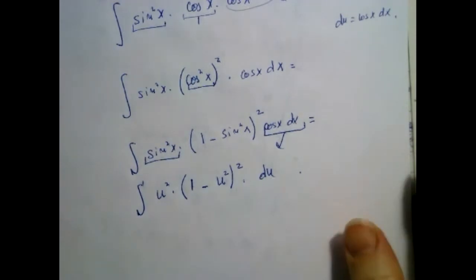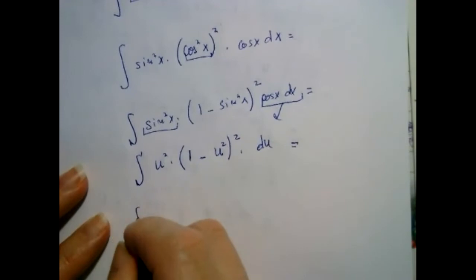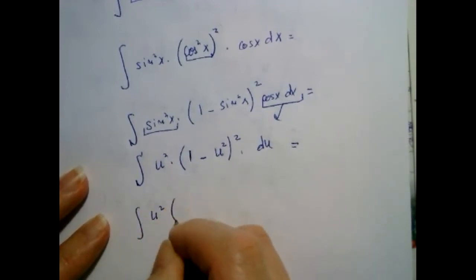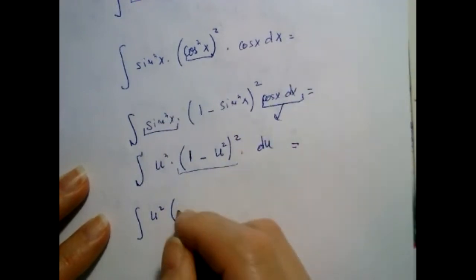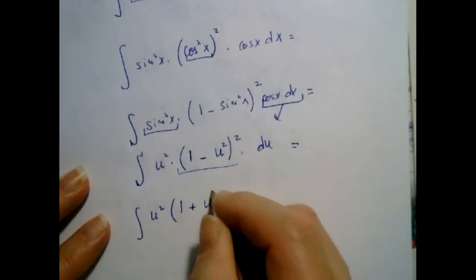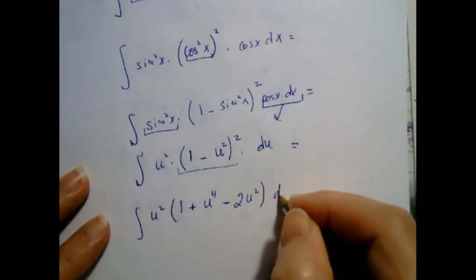Now it's u squared times this. The only way I can do this is by distributing. So I will have u squared times 1 plus u to the power 4 minus 2u squared, du.